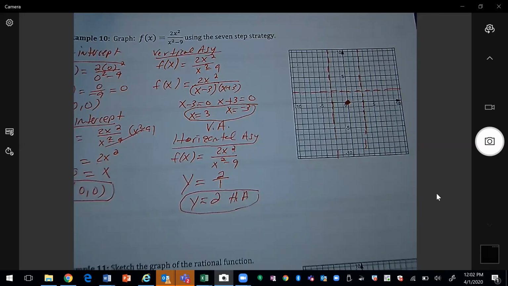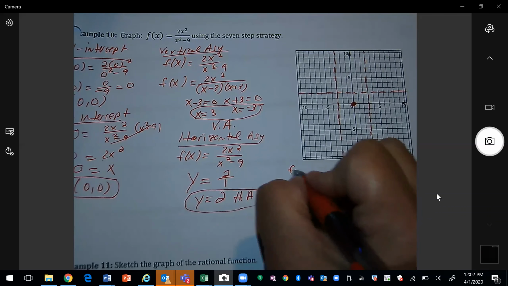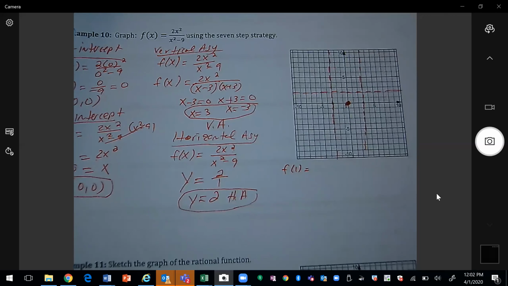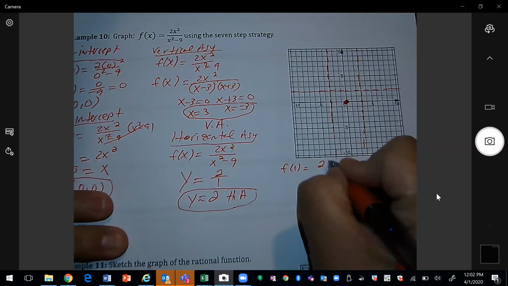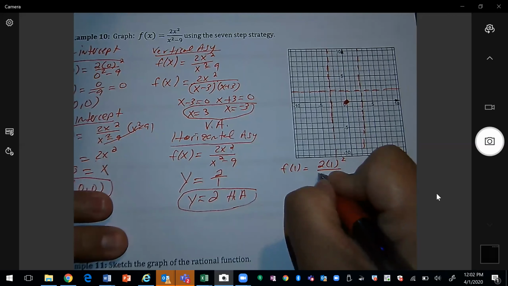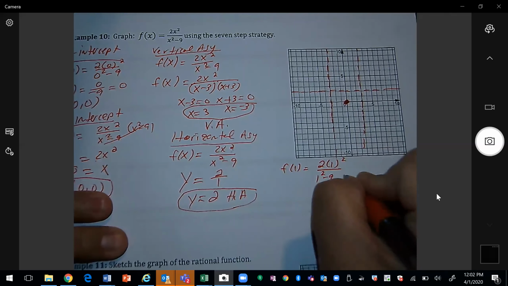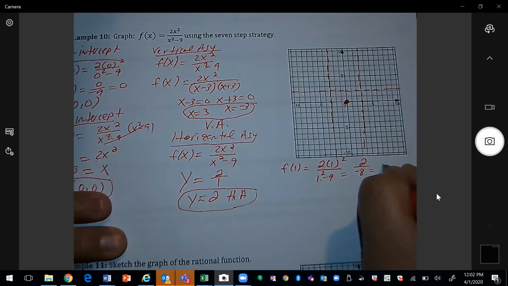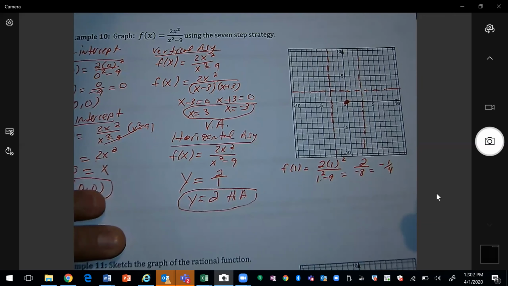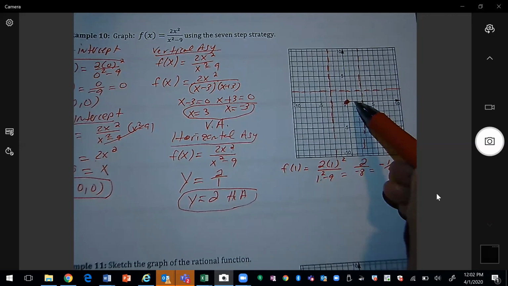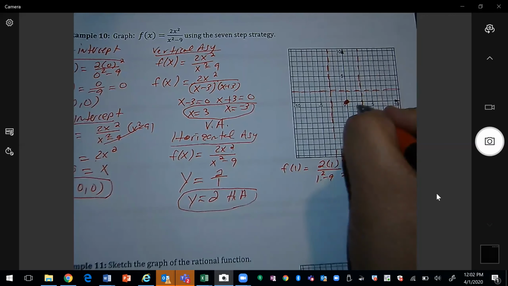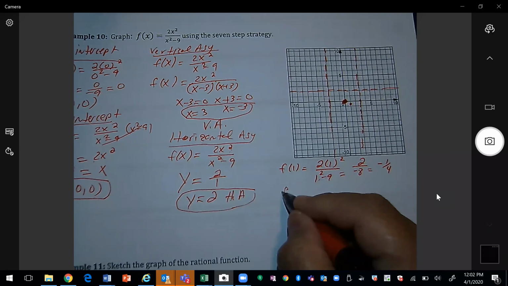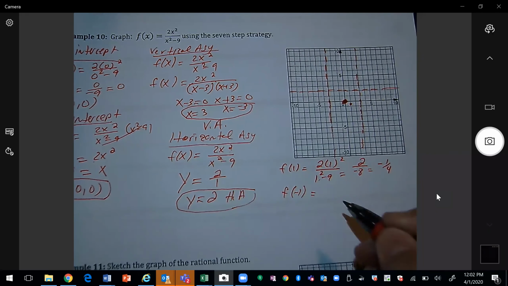So for example, let's try f of 1. So if I enter 1 here, then 1 times 2 is 2. 1 minus 9 is negative 8. So we get negative a fourth, which is going to be somewhere here. And we can try negative 1.